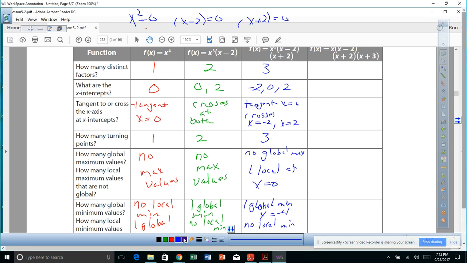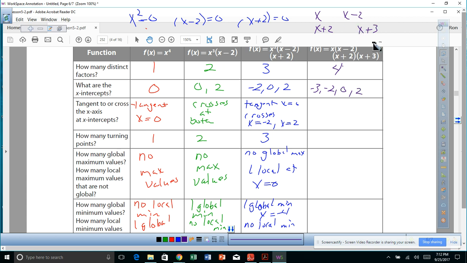So time for a new color. Okay. How many distinct factors? Well, you have x minus 2, x plus 2, and x plus 3. So we got 4 distinct factors. The intercepts, well, we're going to have -3, -2, 0, and 2.